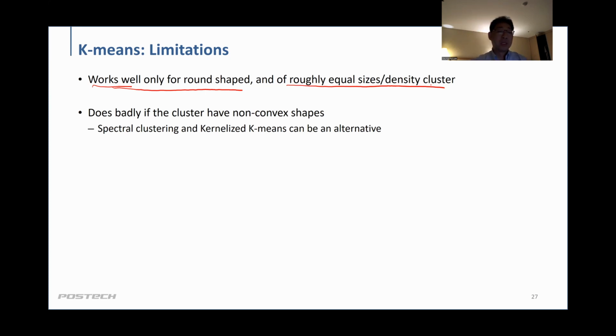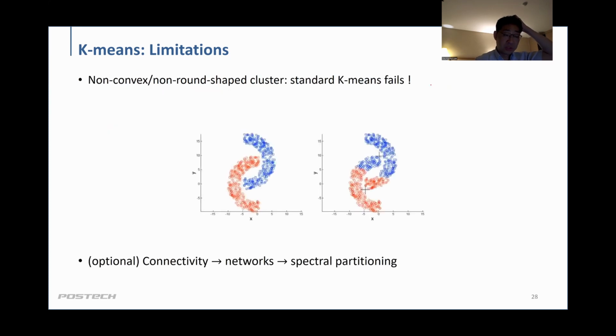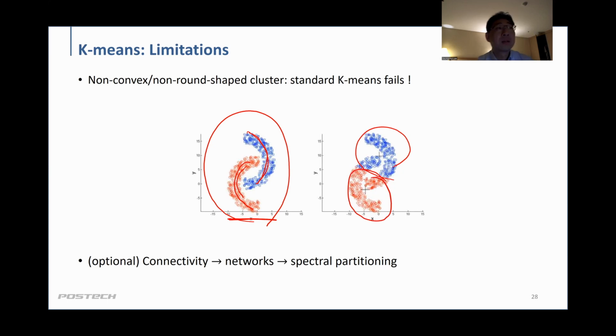What does that mean? I'm going to show you an example as well. With this, we're hoping for this kind of clustering result, which is what we expected. But from k-means, you're probably going to get this.